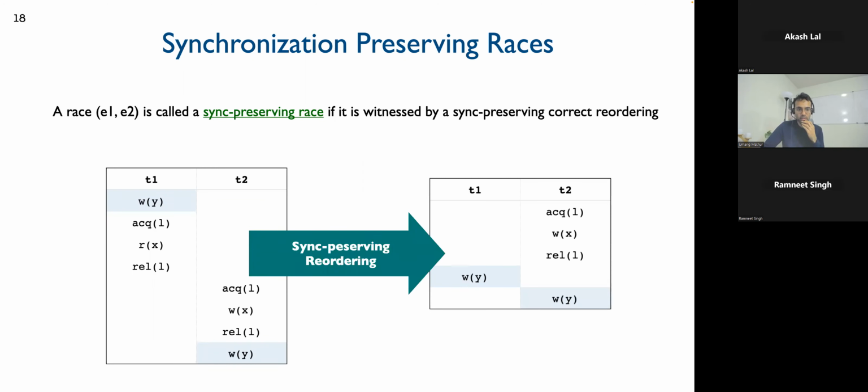So here, if you look at this example, WCP, the partial order that I talked about in the previous segment, would actually order these two write Y events. Because if you look at these two critical sections on lock L in T1 and T2, they contain conflicting events, which means there will be an edge from the release of L in T1 to the write of X in T2.